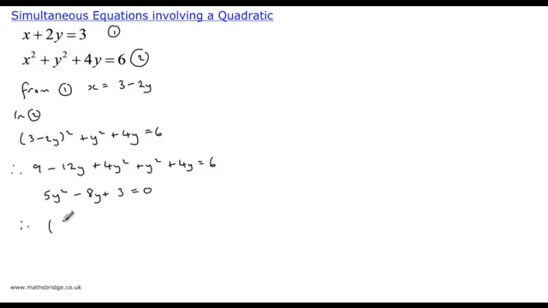I'll solve this by factorising. I'll go into two brackets, and now I can clearly see two values: y is equal to 3/5 or y is equal to 1.